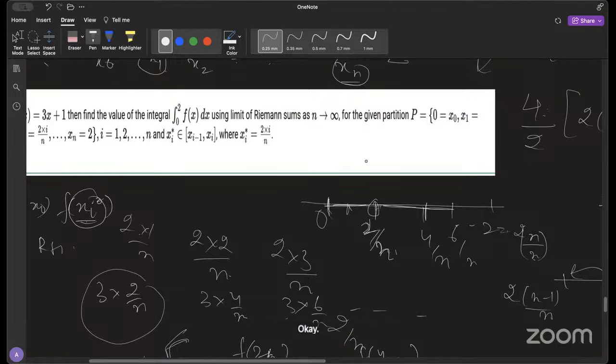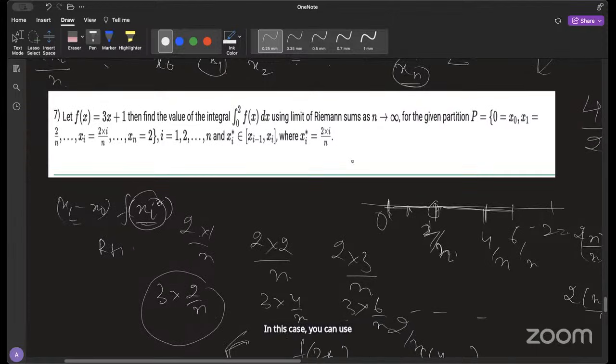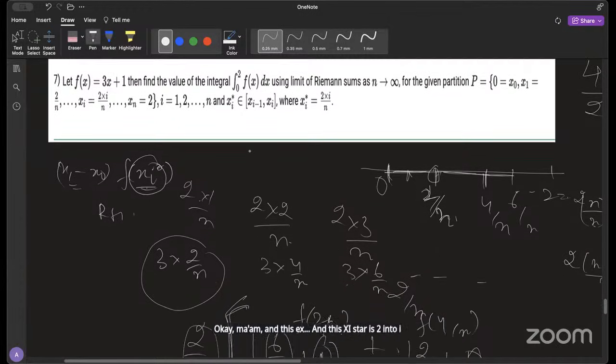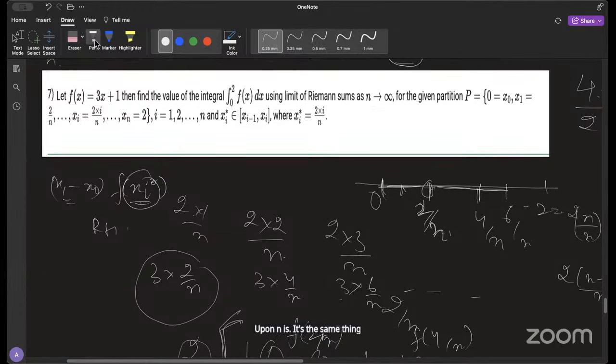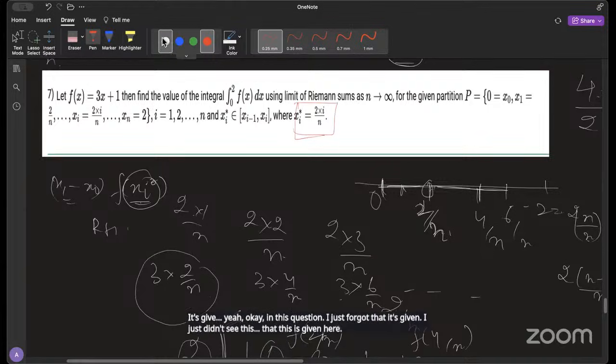Okay, ma'am. In this case, you can use any Riemann sum. Yeah. And this xi star is 2 into i upon n. In this question, I just forgot that it's given. I just didn't see that this is given here. That means you have to find the right hand Riemann sum only.